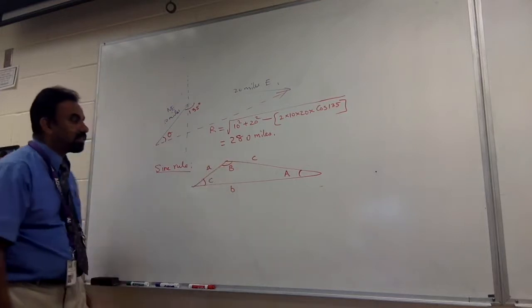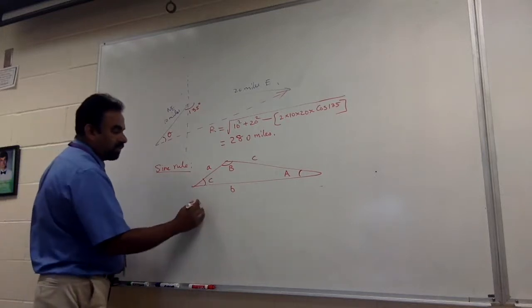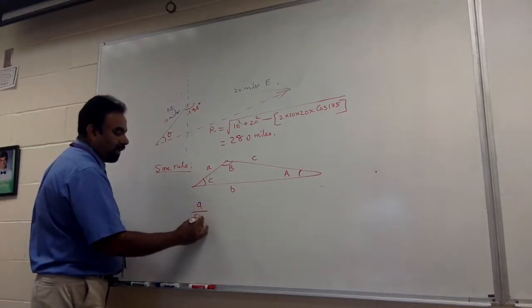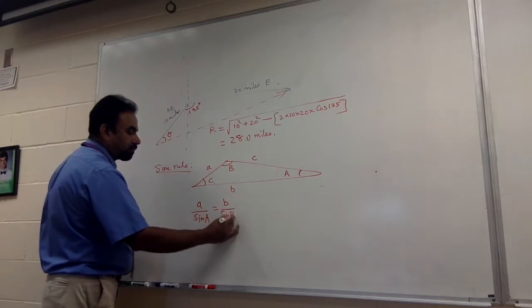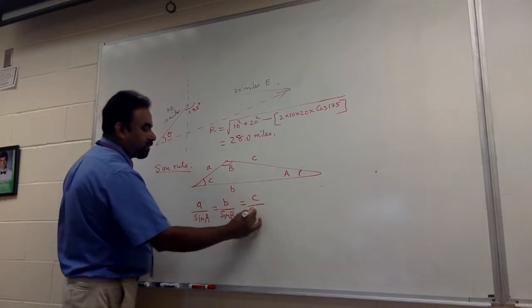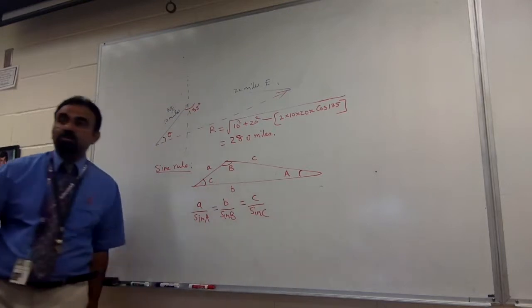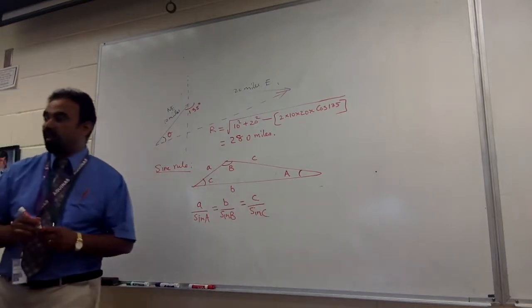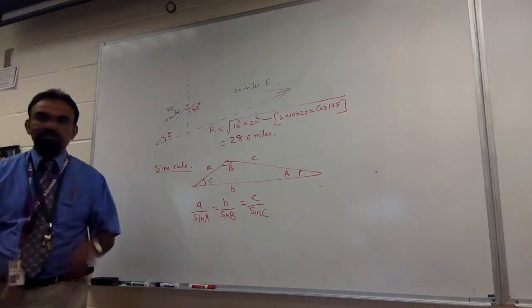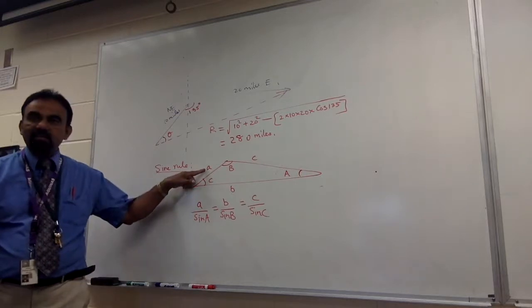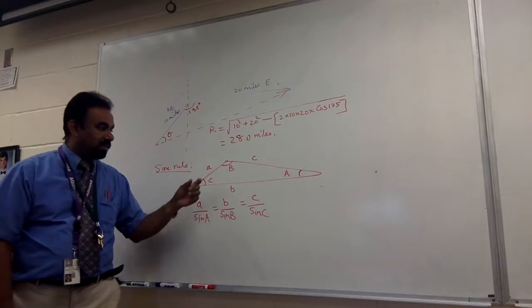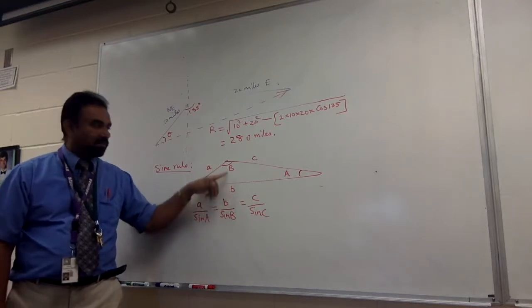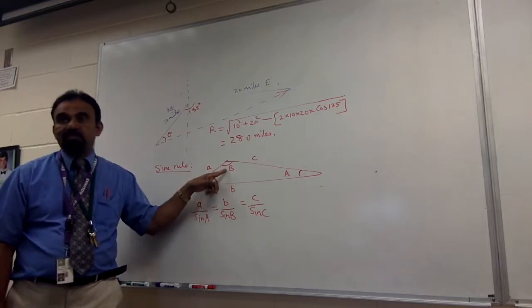If this is what it is, then a over sine A is equal to b over sine B is equal to c over sine C. This is true for any triangle. This side divided by sine of this angle is the same thing as this side, b, divided by sine of this angle.